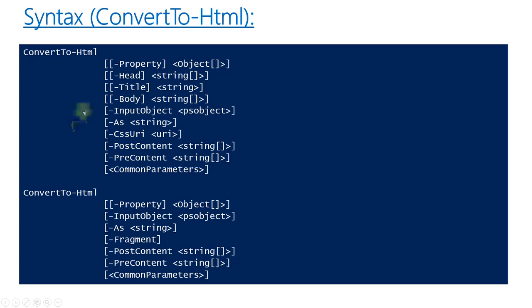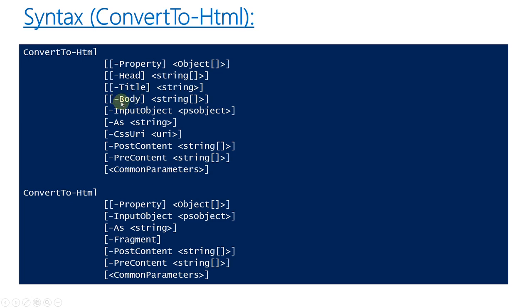If we want to specify which properties are to be displayed in the HTML, then we can use Property, and if we want to use the head tag, then we can use Head, and if we want to use some title tag, then we can use Title, and if we want to use the body tag, then we can use Body here.